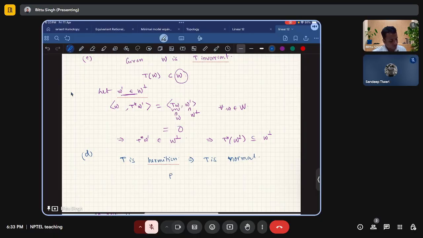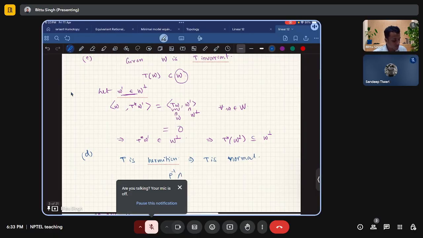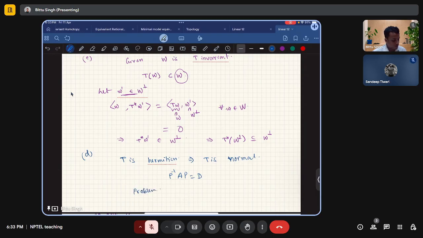That means if we take any matrix representation A, P inverse AP is diagonal. But the issue is P is unitary, which means all the columns form an orthonormal basis.